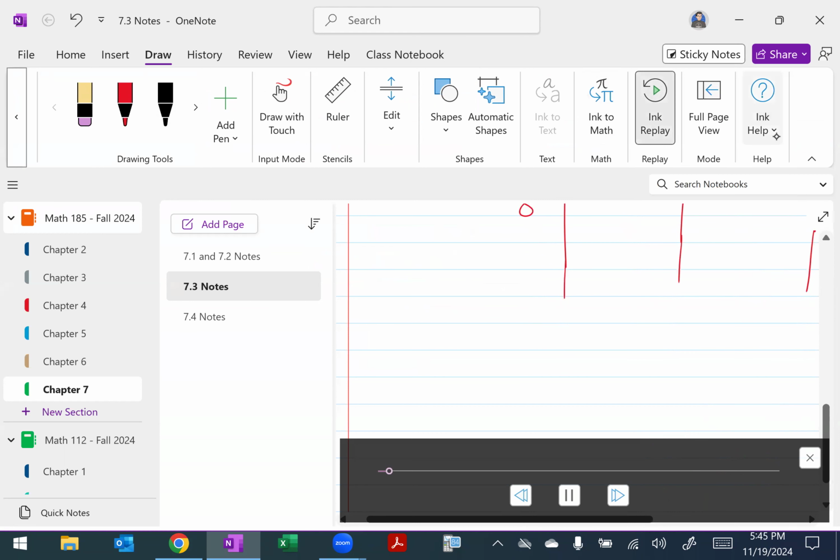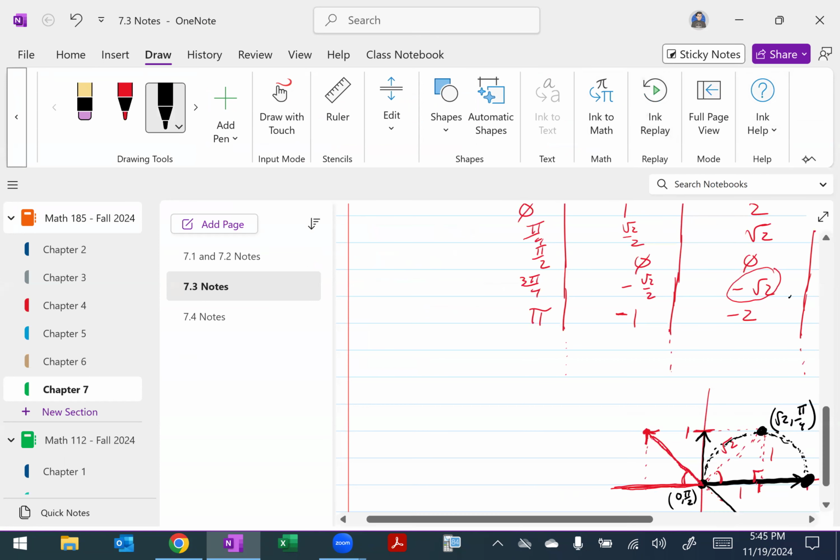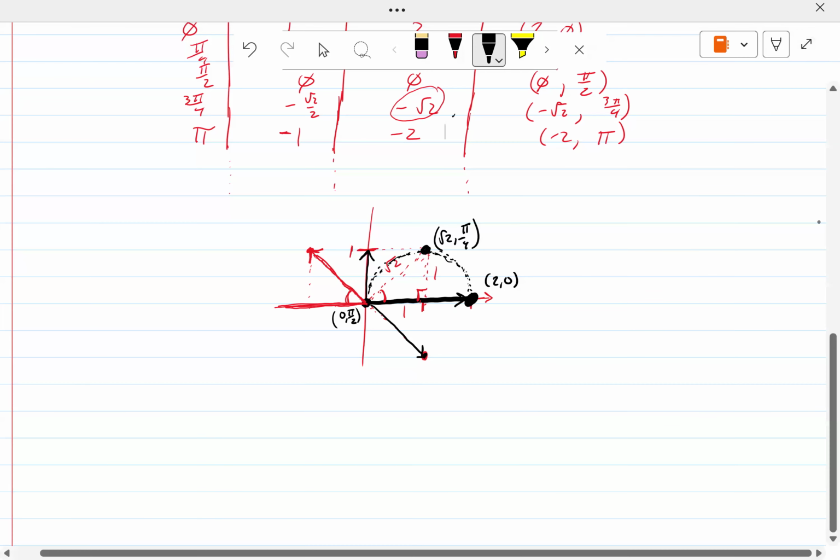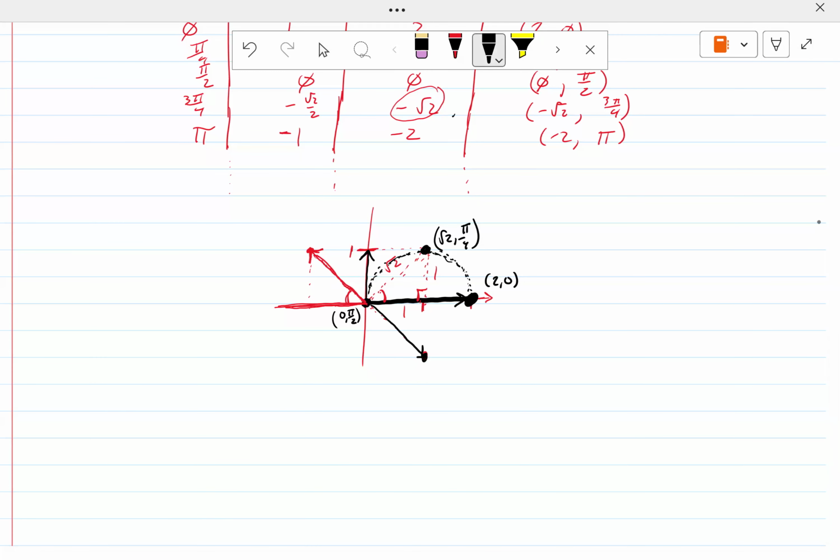I don't know. I'll have to look at it a little bit later. Okay, so that's this point right here. If I ink it, it will erase. I need to change that setting.